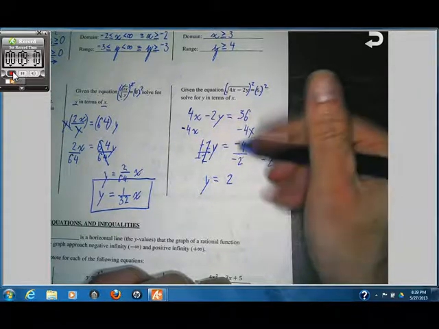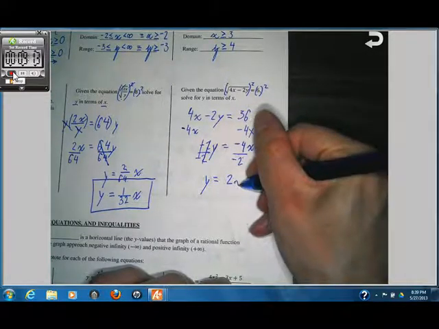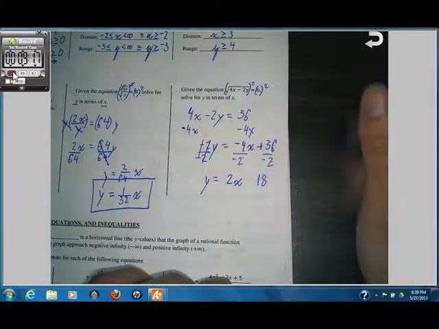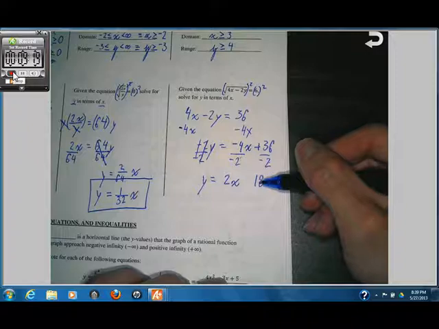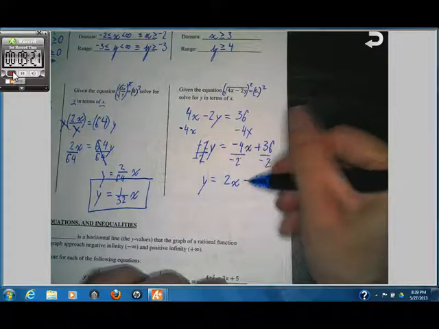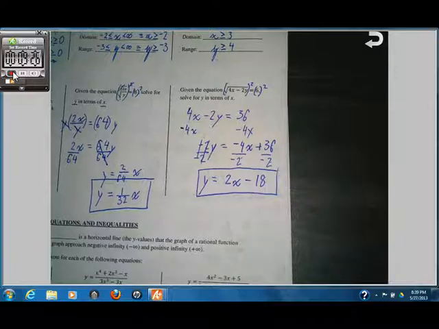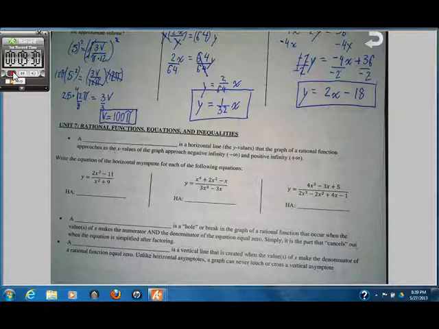Okay, 9 minutes down. Let's see if we can have some fun with Unit 7. A blank is a horizontal line, y values, that the graph of a rational function approaches as the x values approach negative infinity or positive infinity. How very asymptotic.